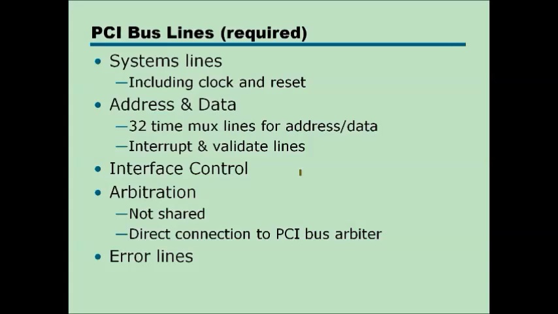System lines include clock and reset. Address and data has 32 time-multiplexed lines for address and data, plus interrupt and validate lines. Interface control handles transactions, and arbitration is not shared, with a direct connection to the PCI bus arbiter.